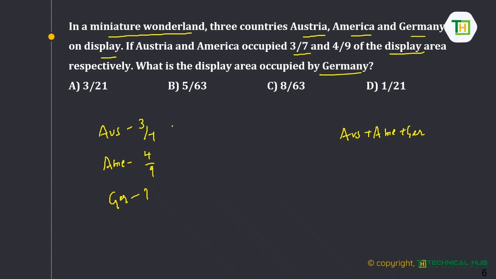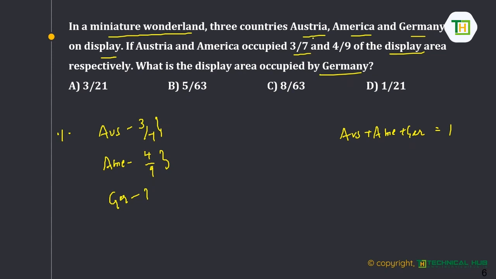Listen, whenever fraction values are given and an unknown value is there, it is better to assume that value as 1. Whenever values are given in terms of percentage and an unknown value is there, it is better to take that unknown value as 100. Here the given values are fractions, so I will take the unknown value as 1.